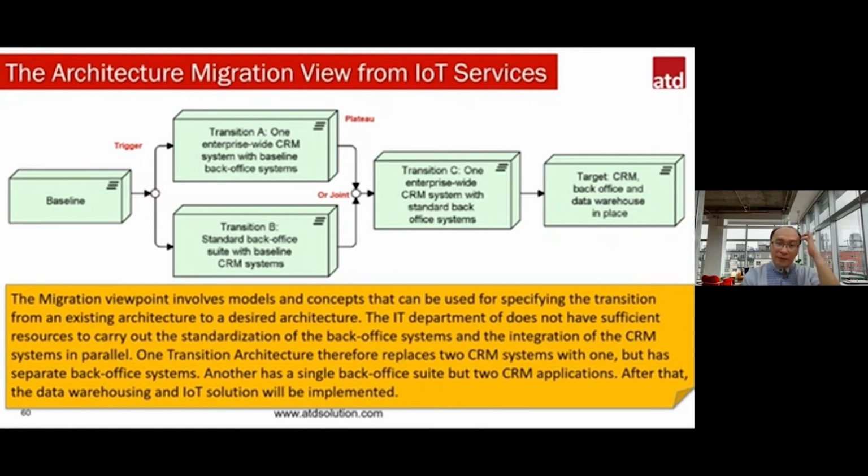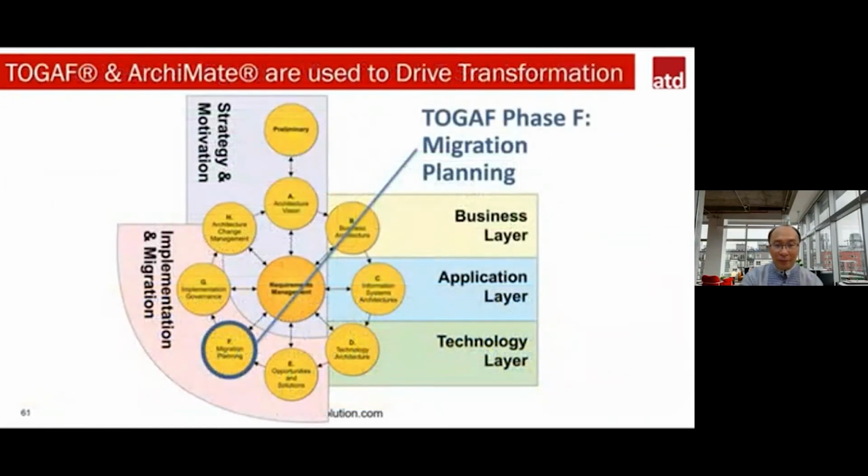So basically you are going to make a decision, either transition A or B. Then after that, you move to transition C, whereby there is one enterprise-wide CRM system with standard back office system. Then at the end, you achieve your target. So this is the example of the way you portray diagrammatically what you are going to achieve with your architecture.